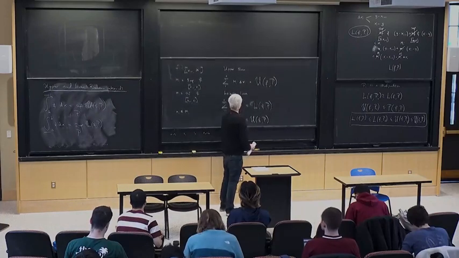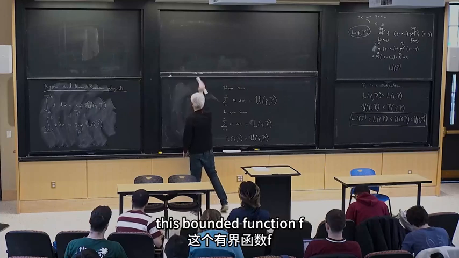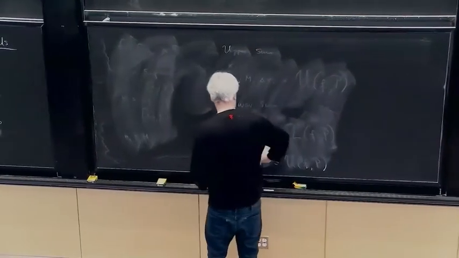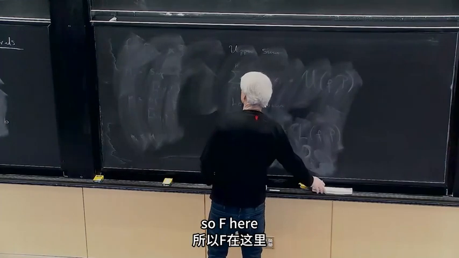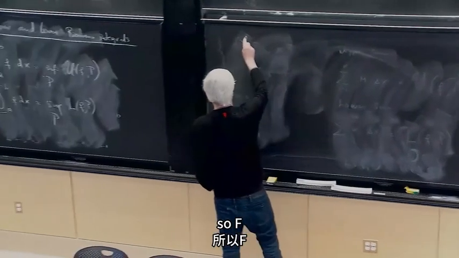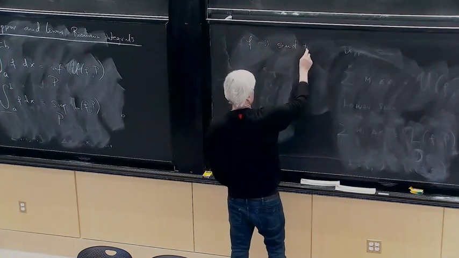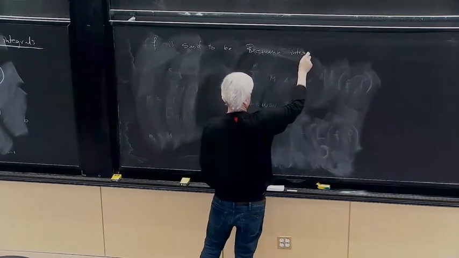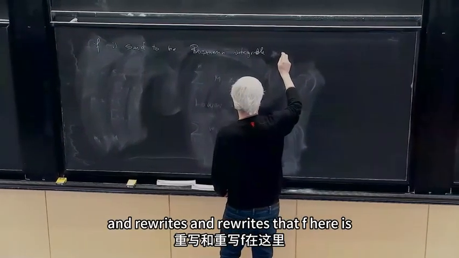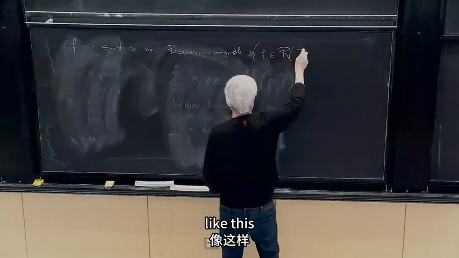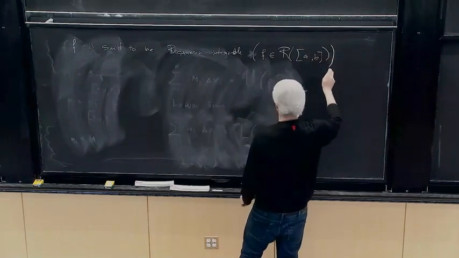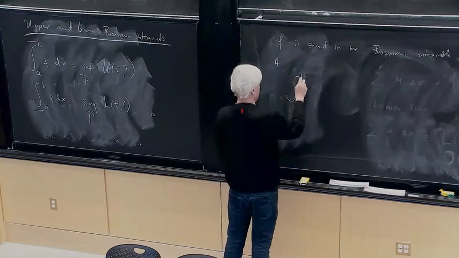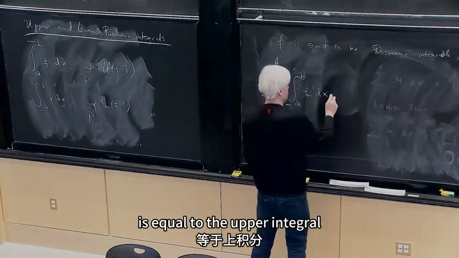And so now we say that this bounded function f is Riemann integrable, and we write that f is like this, if the following is the case: if the lower integral is equal to the upper integral.